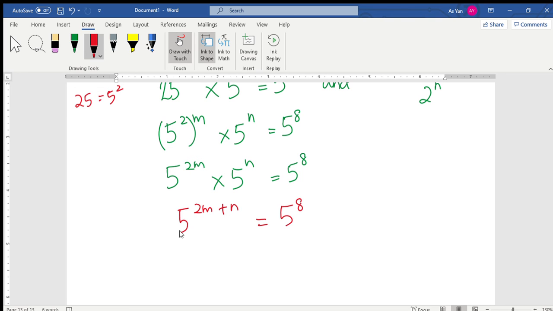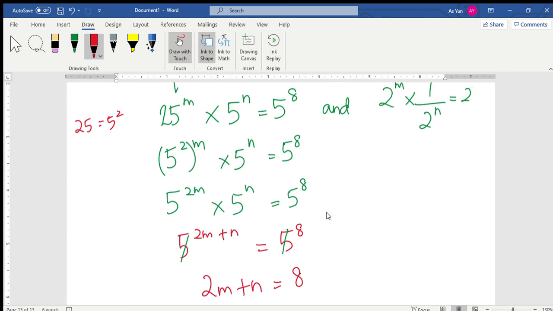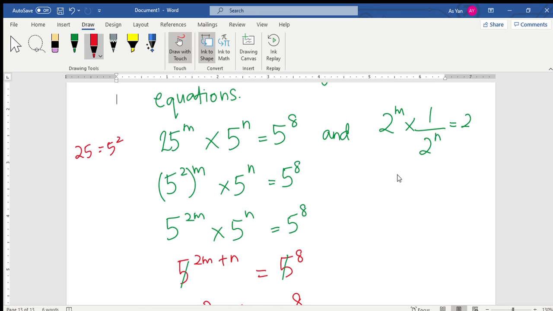Now we can ignore the 5. Let's look at the equation: 2m plus n equals 8. This one is for the first part. Now we have to solve the second part.